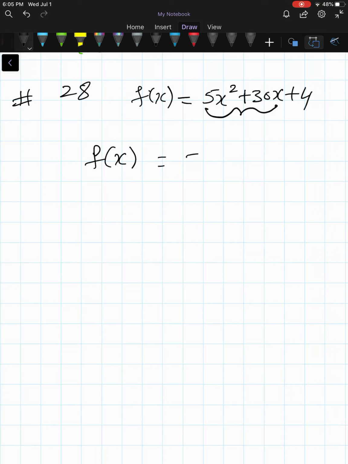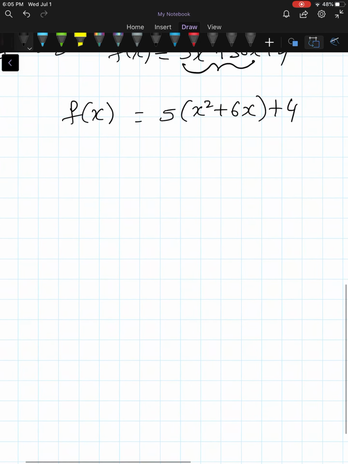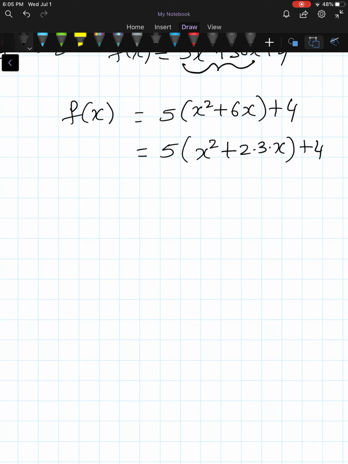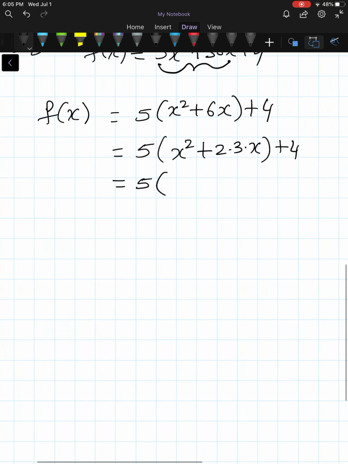So f of x is equal to 5 of x square plus 6x, plus 4, correct? The middle term can be split as 2 times 3 times x. So you have to add and subtract 9 for the middle term.